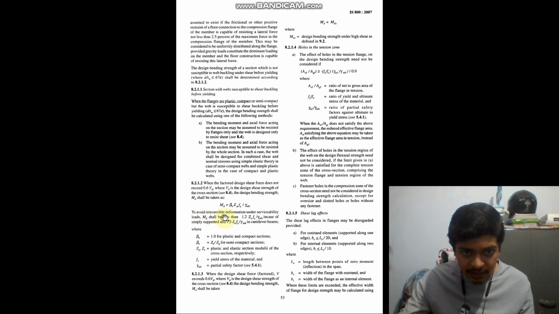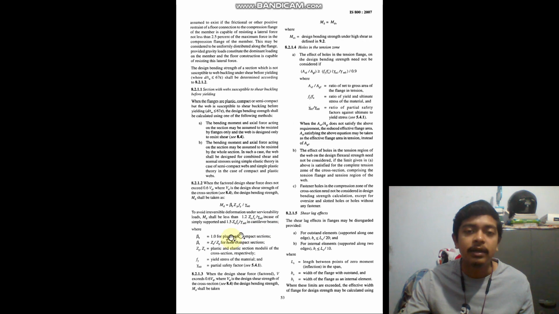To avoid irreversible deformation under serviceability loads, Md shall be less than 1.2 Ze Fy divided by gamma m0 in case of simply supported, and another expression in case of cantilever beams. So whenever you are calculating this, make sure you calculate these values in your case, whichever it is, and it should be less than this. This value should be less than this one.